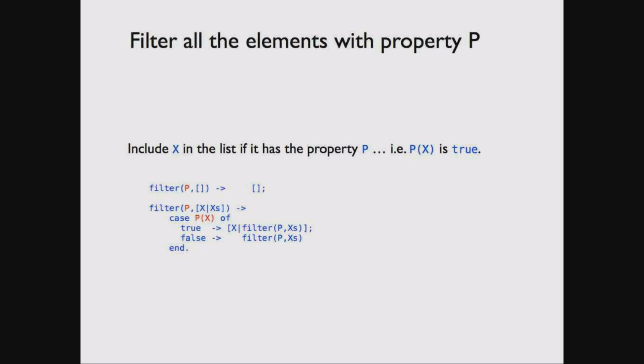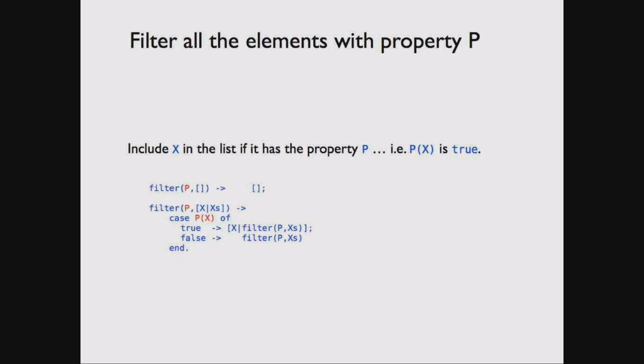How does a function represent a property? Well, the answer is it represents a property by giving the answer true or false when you apply it to an element. So if P is true, the element has the property. If P is not true, P is false, the element doesn't have the property. And now you see very clearly here that what we have done is we have now passed in a second argument.